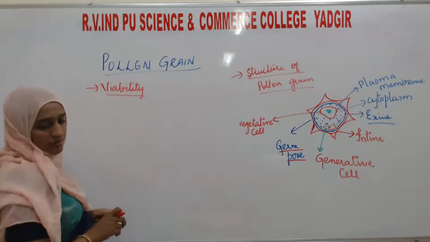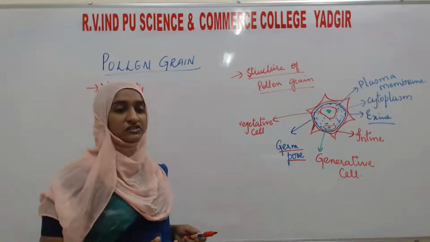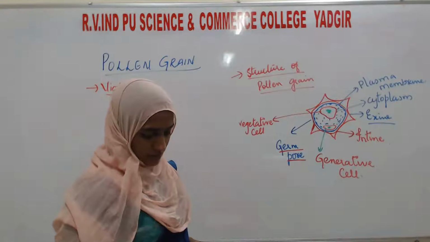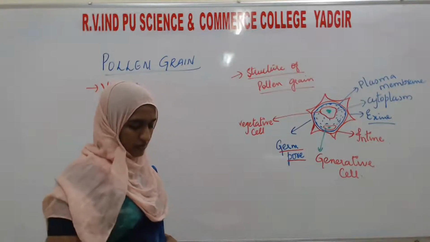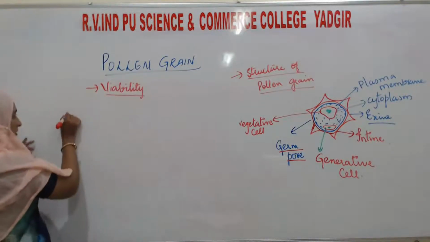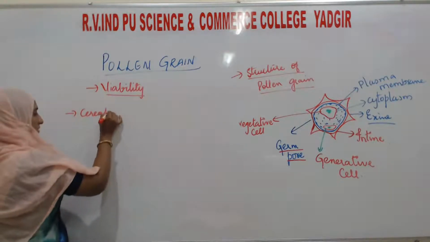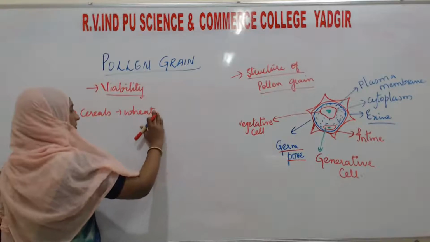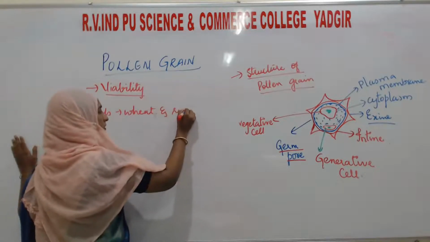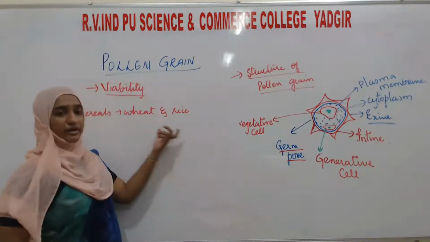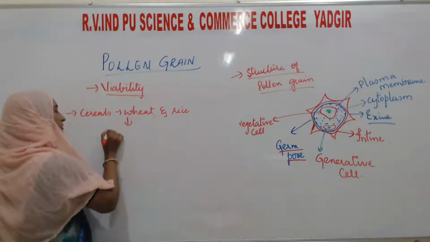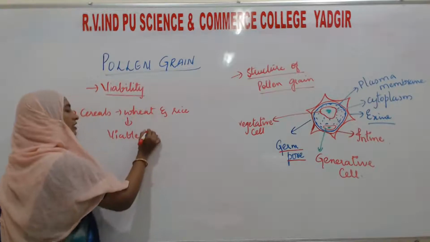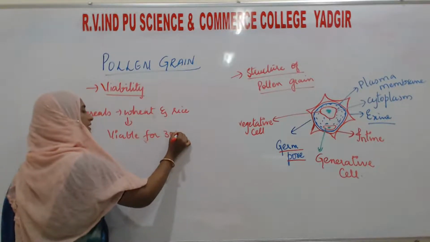See here, in different species of plants, the viability will be different. The viability of some cereals such as wheat and rice: the pollen grains of wheat and rice will be viable for only 30 minutes.